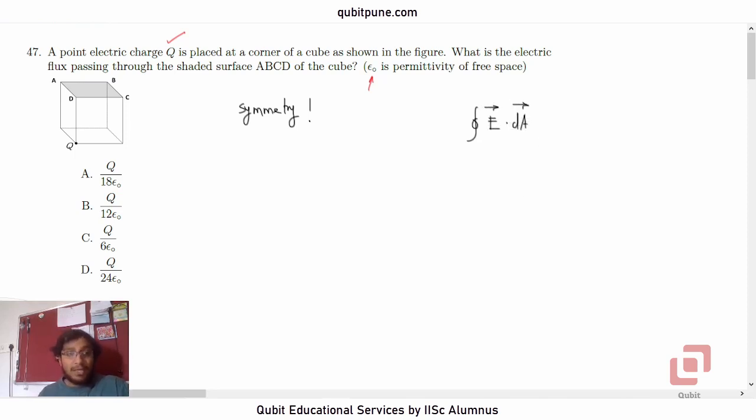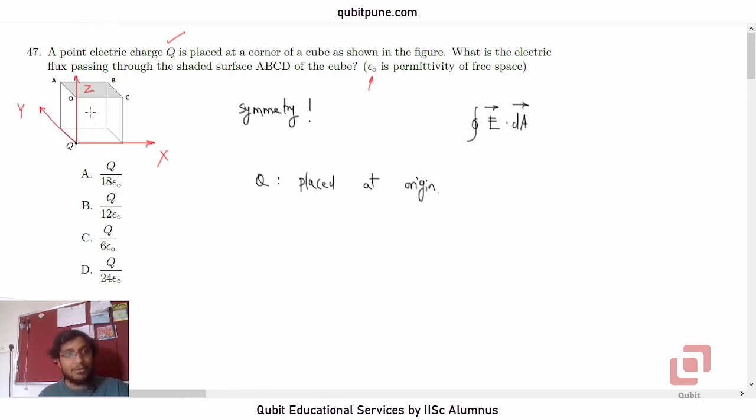So what we are now going to do is imagine the following. Suppose a point charge Q is placed at the origin, and let us suppose that along D we have got the Z axis, along this edge we have got the X axis, and along this we have got the Y axis.